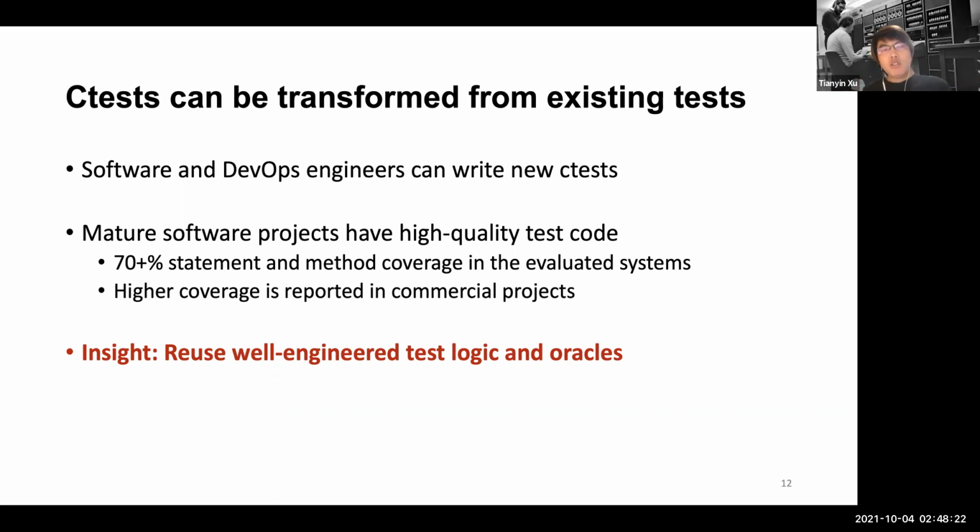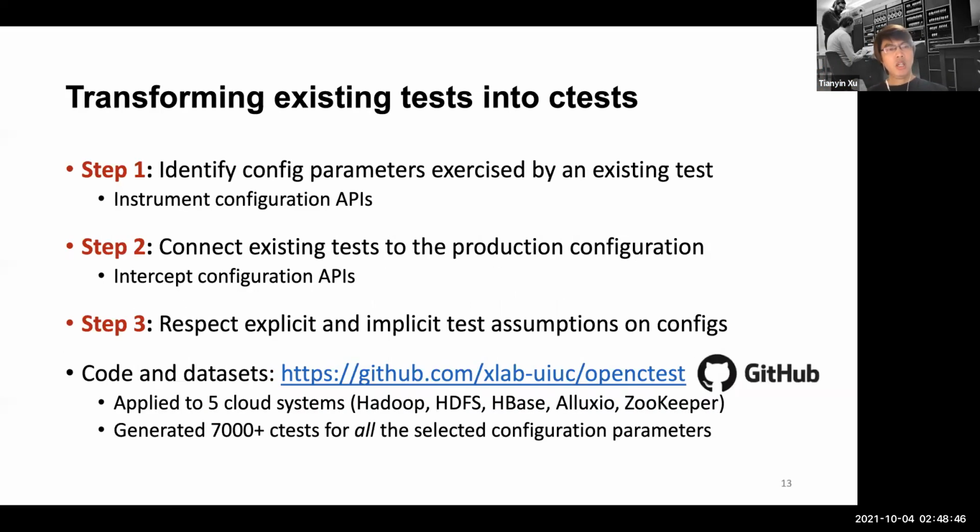Certainly, the challenge is that there are tests which are not written in such a generic way, and there are tests which make assumptions about other configurations of the code. What we really need is to identify those assumptions or those pieces of test code, and we have quite effective heuristics to do that automatically. So essentially, transforming an existing software test into a C-test takes 3 steps.